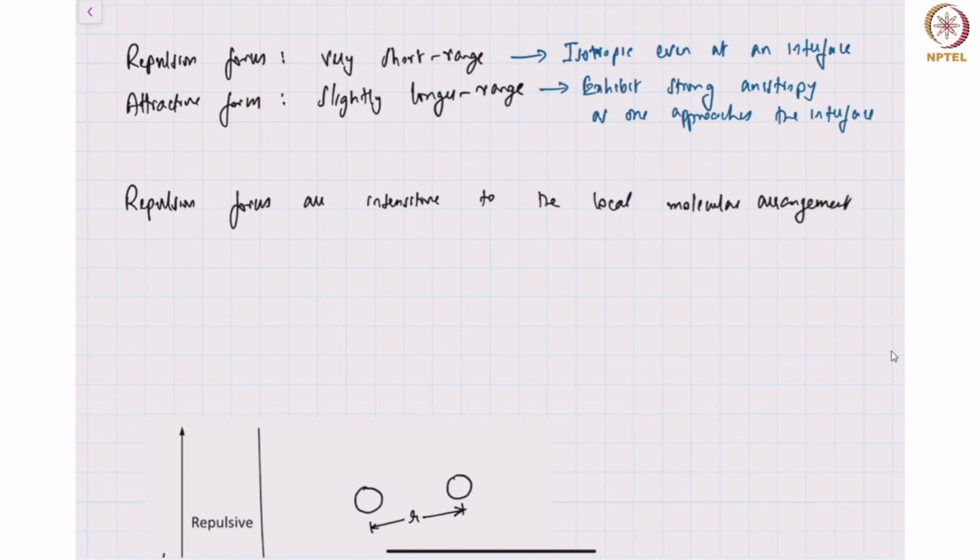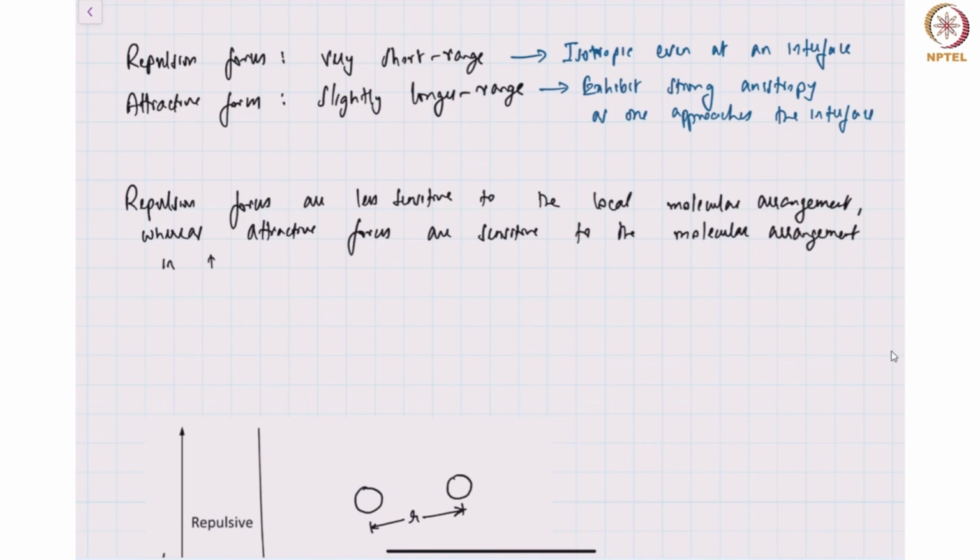Maybe a better word than insensitive would be far less sensitive to the local molecular arrangement, whereas attractive forces are sensitive to the molecular arrangement in the neighborhood.